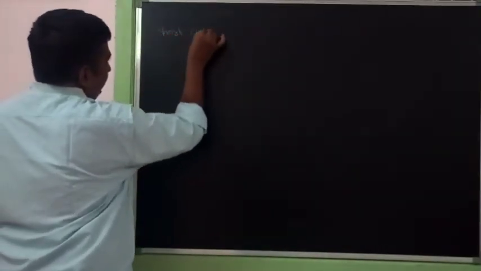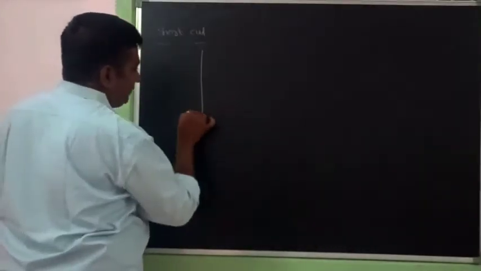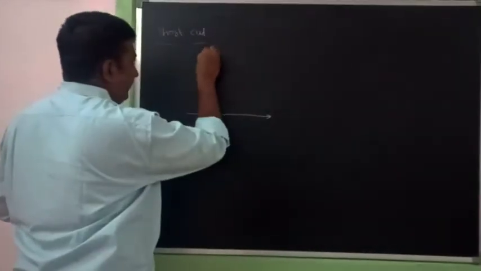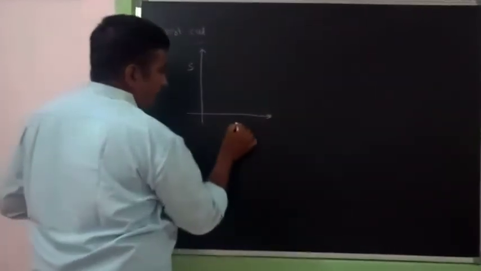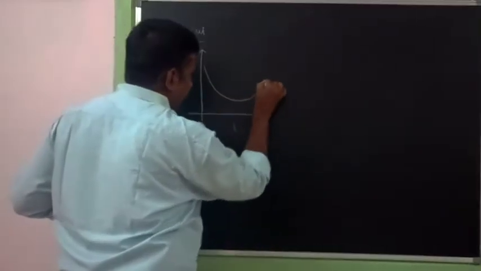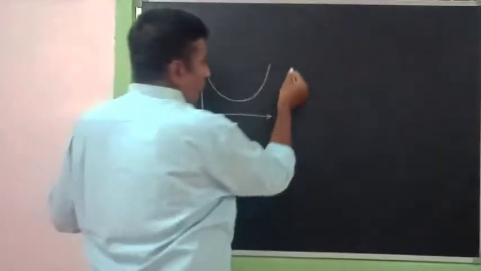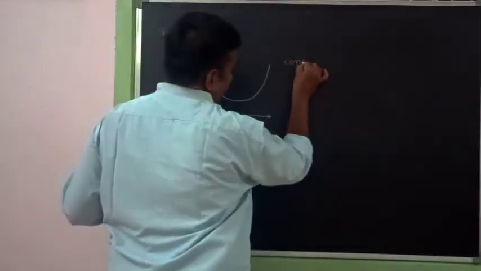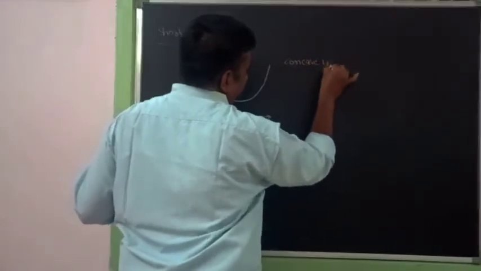Next, in order to remember whenever you get curves which one is positive and which one is negative, I am going to explain a shortcut. Here I take a displacement-time graph. If you obtain a shape like this, I call it concave upwards.